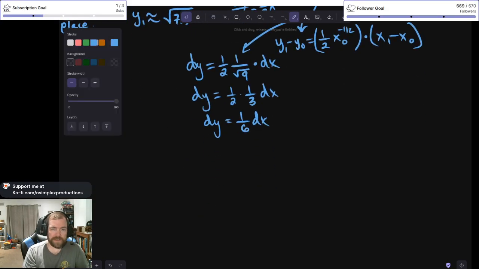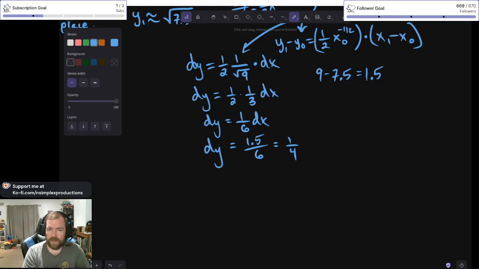We know that if we were using 9 as our x input, so 9 minus 7.5 is an x difference of 1.5. So 1.5 over 6. If that were 15 over 60, that would be 1/4. So it's the same here.